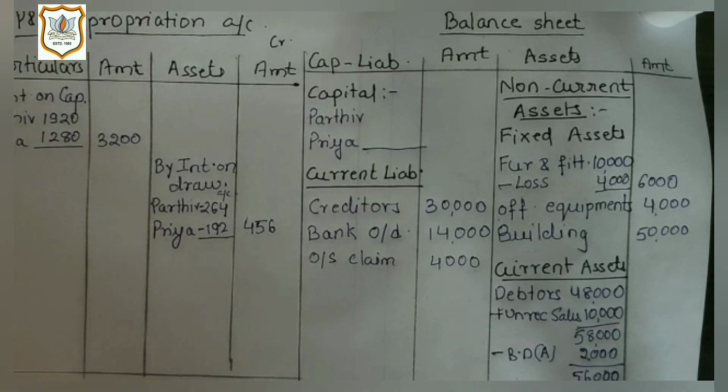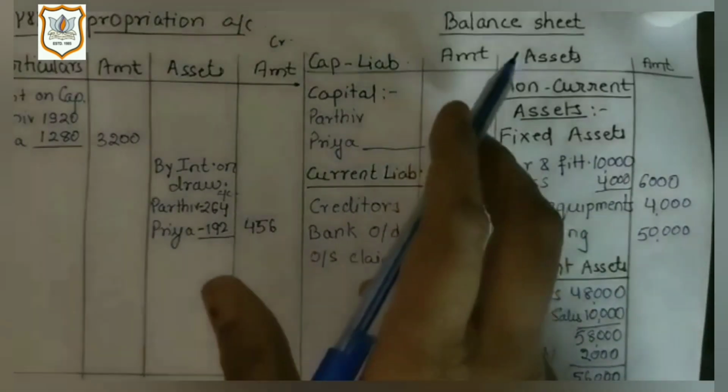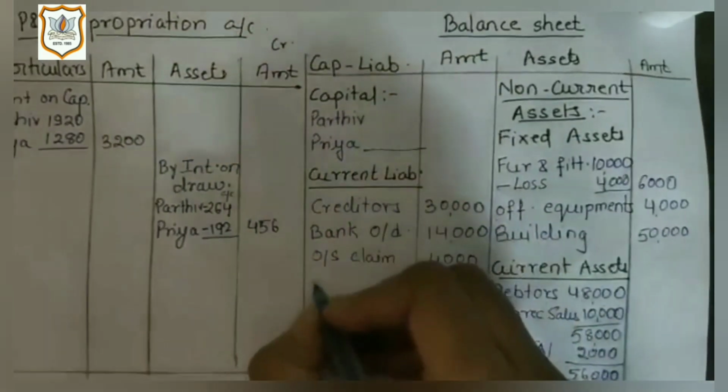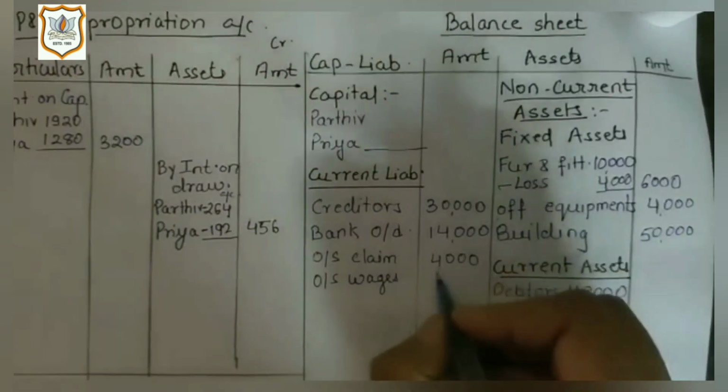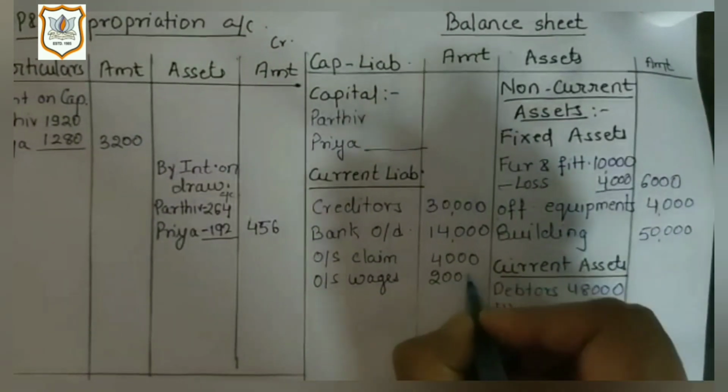The balances that appear in the trial balance are generally the ones that would have been taken into account after having recorded all the transactions relating to the accounting period. But here, outstanding wages has been missed out to record in trial balance, so it will have only one effect despite being given in adjustment. So we will give only one effect on liability side of balance sheet. Outstanding wages, it is our liability, 2,000.